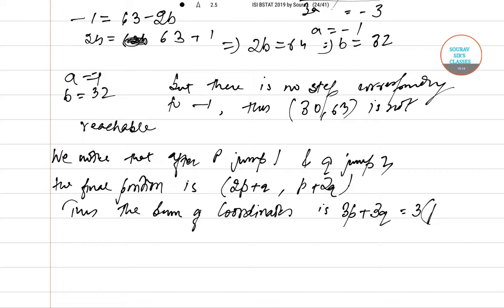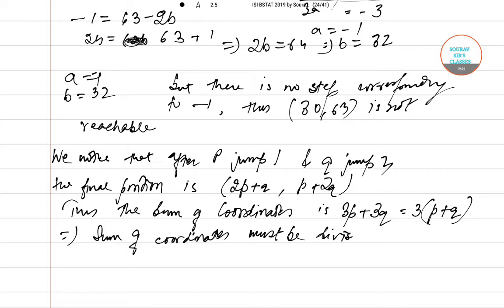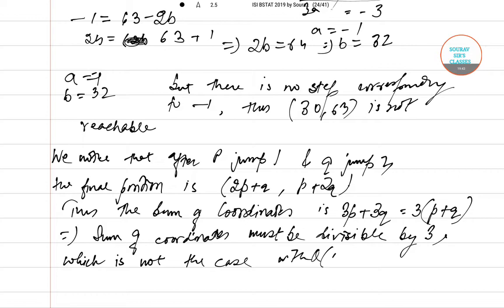If we take 3 common, it will be 3 times P plus Q. So the sum of coordinates must be divisible by 3, which is not the case with 100. The sum of coordinates must be divisible by 3, but 100 cannot be divisible by 3. So both are not reachable. That is the correct option of this question.